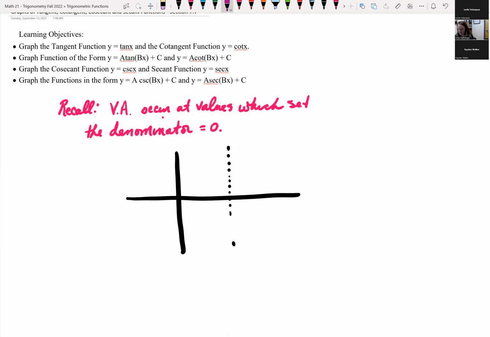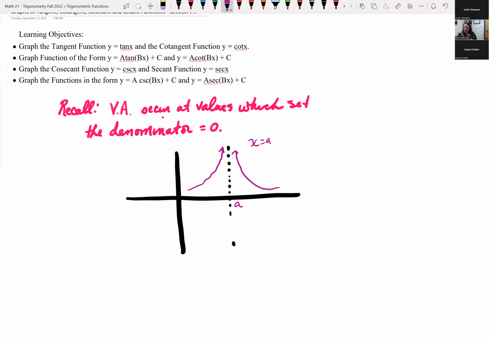What's happening on the graph is that the graph is hugging that line but never crossing it and shooting off to positive or negative infinity. So in this case, if this was A, we have a vertical asymptote at x equals A. And as x is approaching A on the left, we're saying that's shooting off to positive infinity. It looks like something like this. And as x is approaching A on the right, it's also shooting off to positive infinity.